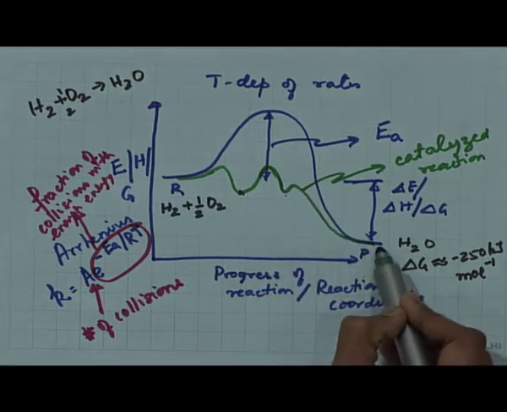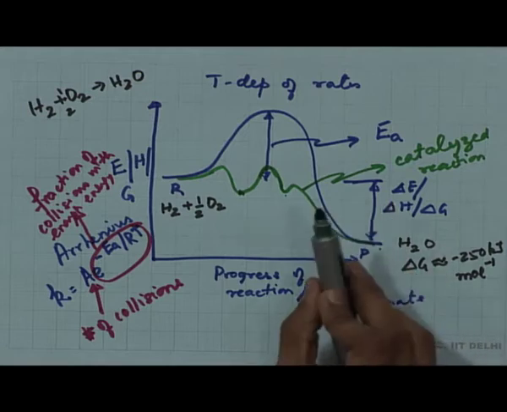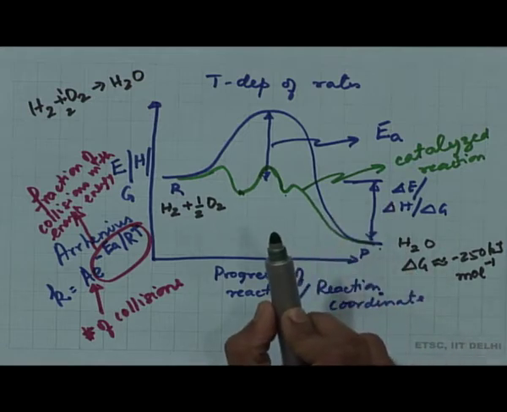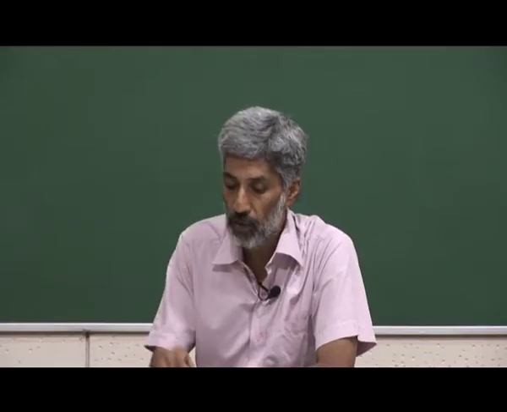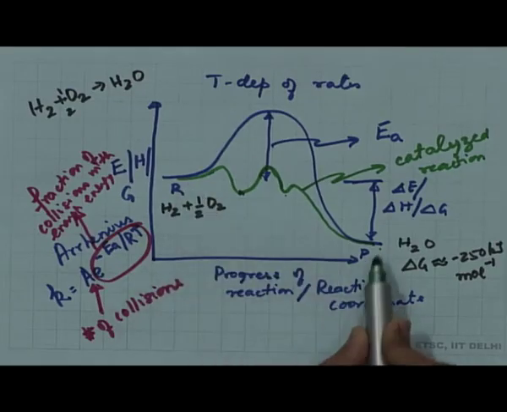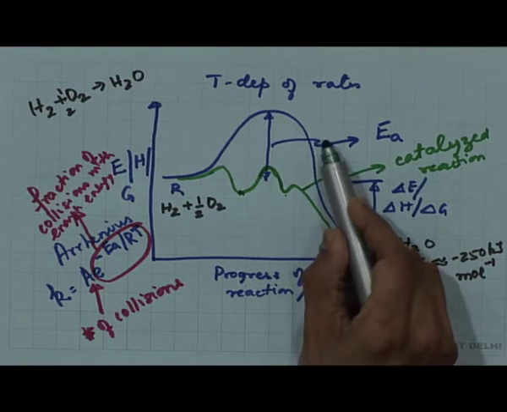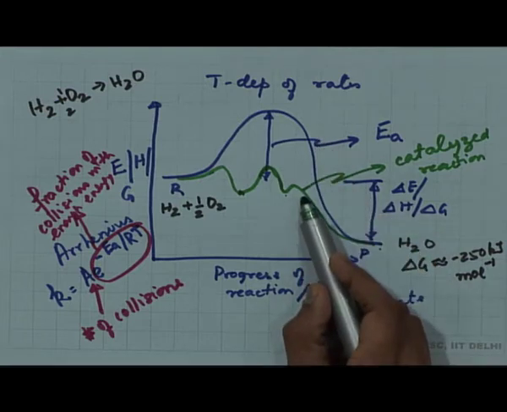So, note critically, and this is what the IUPAC definition has, the Gibbs energy change in going from here to here is exactly the same for the blue profile as it is for the green profile.